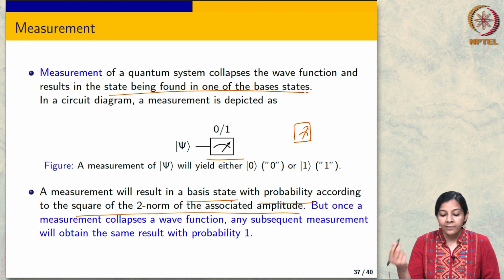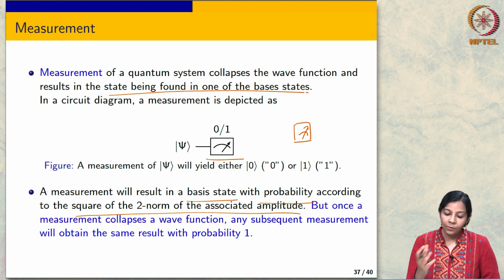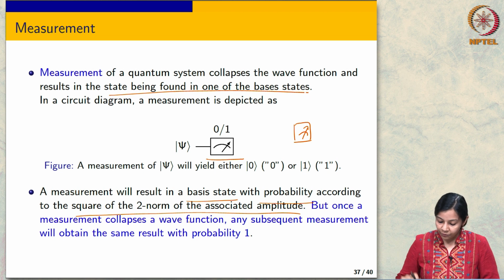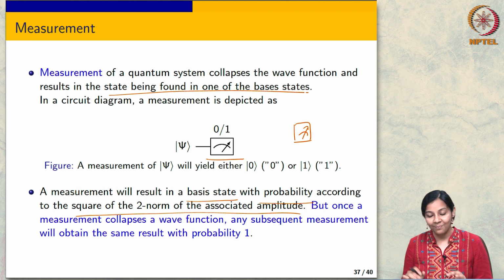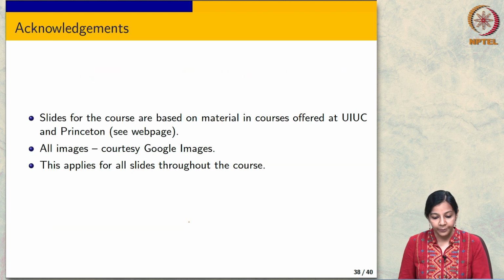Okay, but once you measured and the wave function collapsed, you got one basis state. At this point, you can keep measuring as much as you want and you will keep getting the same result. Okay, so this is important to remember. So once you collapse the state, then you're kind of done. So now you no longer have the magic. Okay, so you just keep getting what you already got.